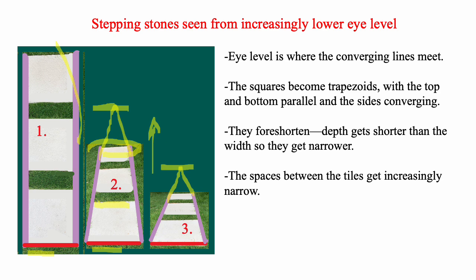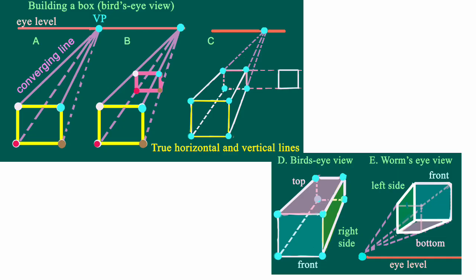The spaces between the tiles in number 1 are the same size, but they get increasingly narrow in 2 and 3. To draw a box in one-point perspective, start with this yellow square and connect each corner to a vanishing point on eye level.